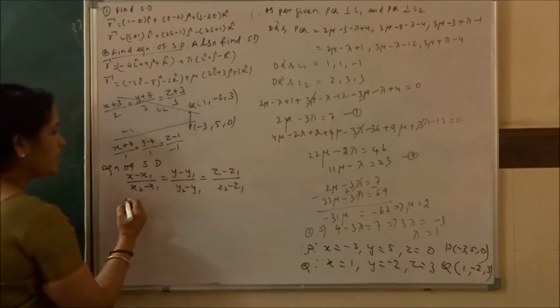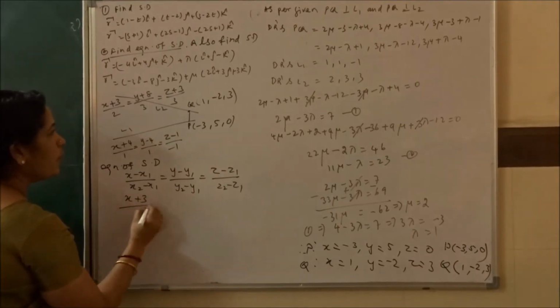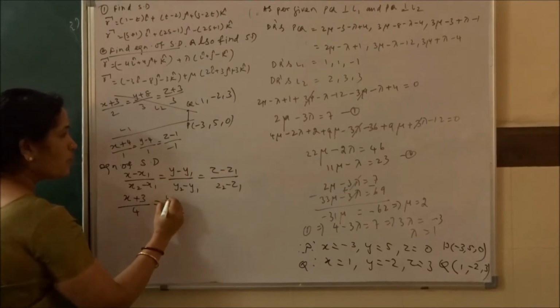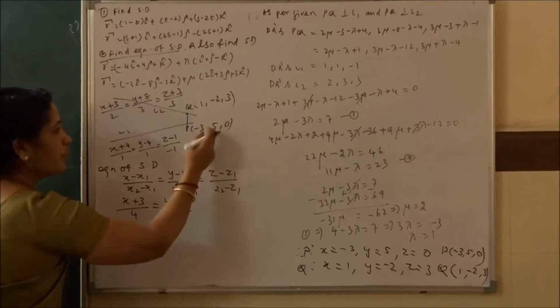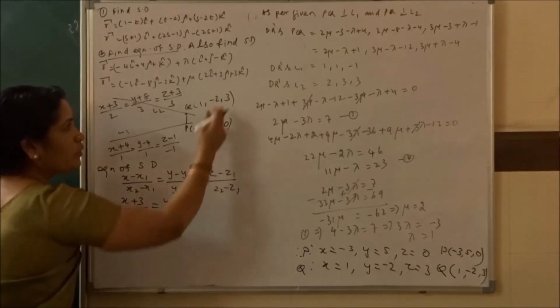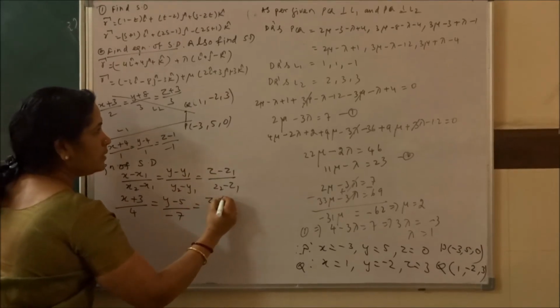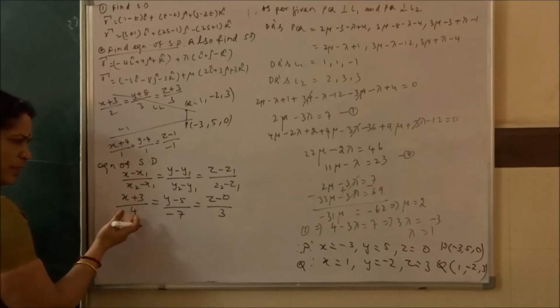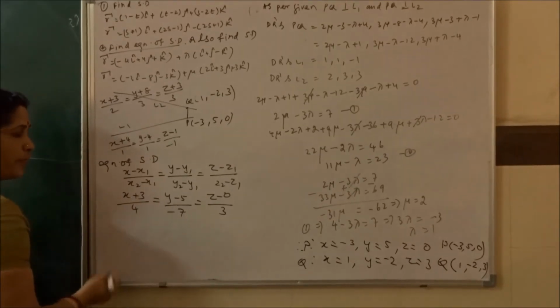Now x minus x1, so x plus 3 upon x2 minus x1, that is 4, equal to y minus 5 upon minus 7, equal to z minus 0 upon 3. If you want to convert into vector form, you can write it in vector form.